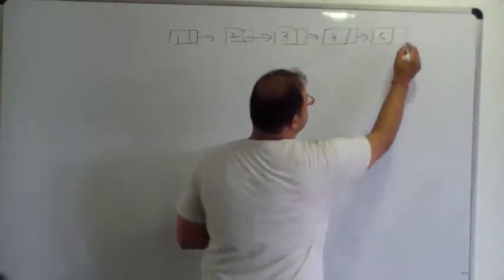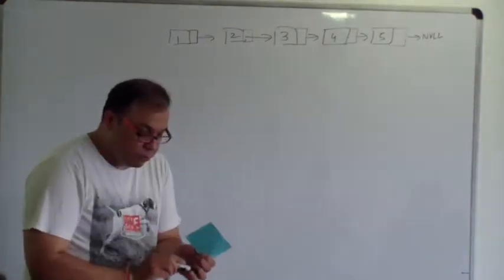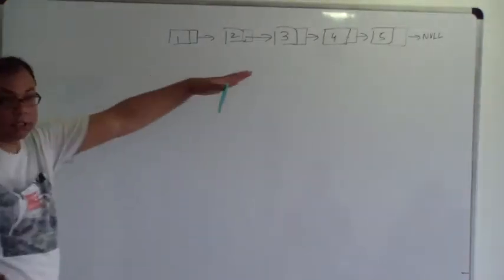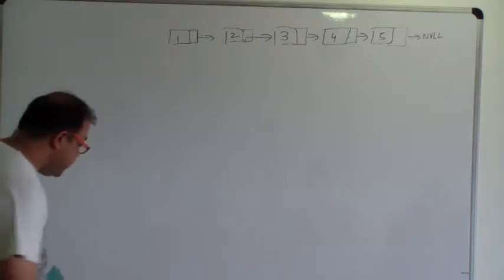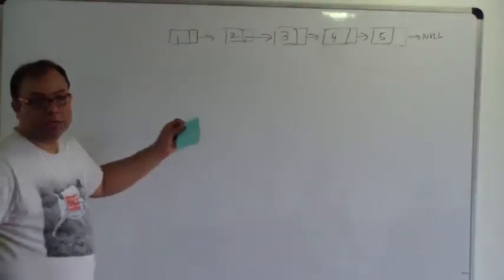It has one pointer which is pointing to the next node. There is another pointer which is randomly pointing to anywhere.